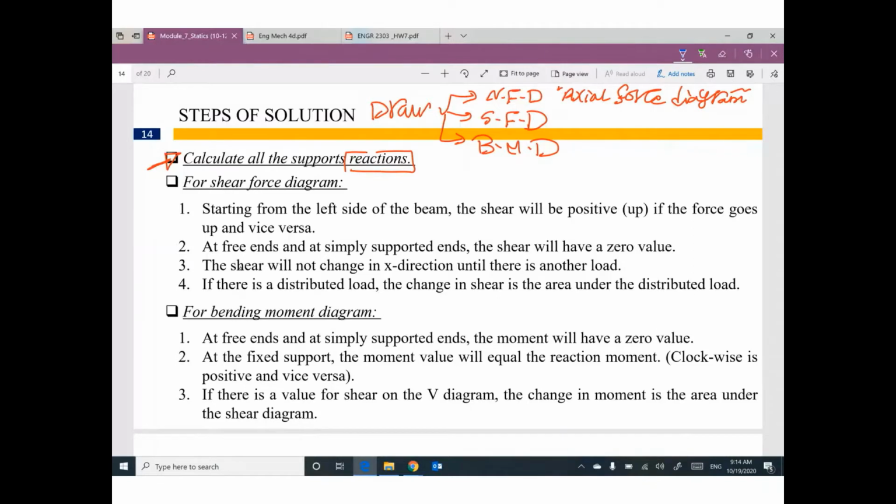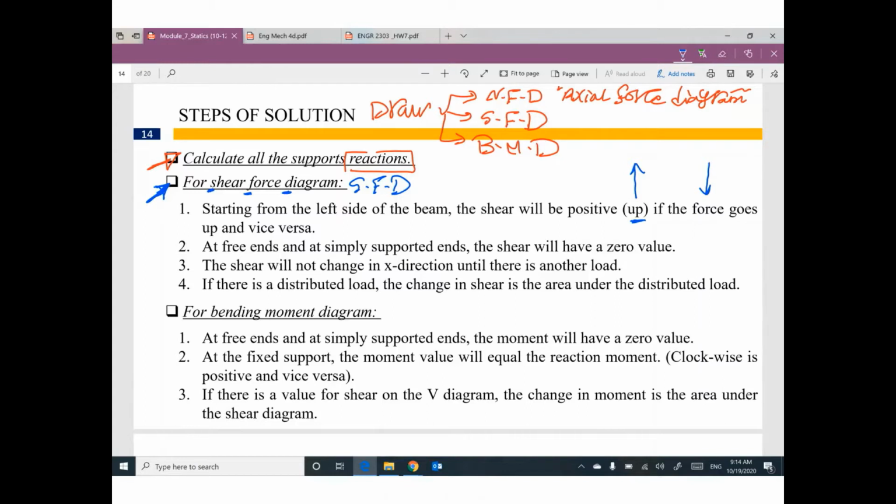Second step, how to draw shear force diagram. We can go up if the force going up, and we can go down if the force going down.